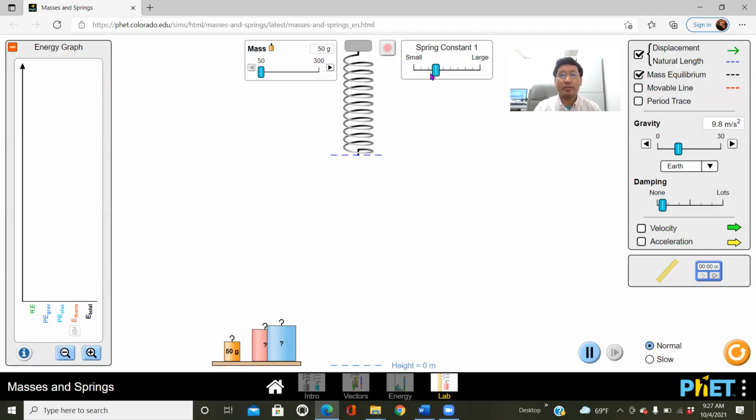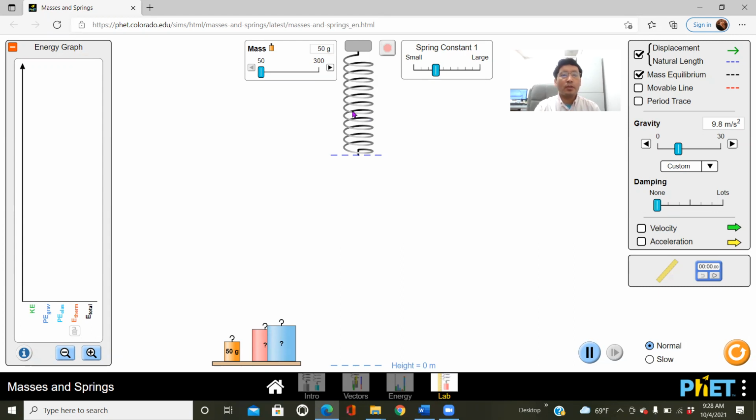Keep it as it is, because you don't have to move it, so that the material we are using will be the same throughout the experiment. We are not changing the material all the time. Same thing applies here. Acceleration due to gravity should be 9.8 meters per second squared. If you move this one, it will show something else, so keep it at 9.8. And the damping, let's say none.